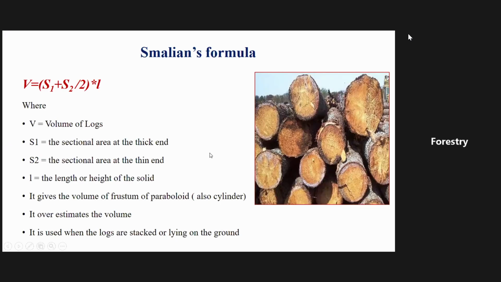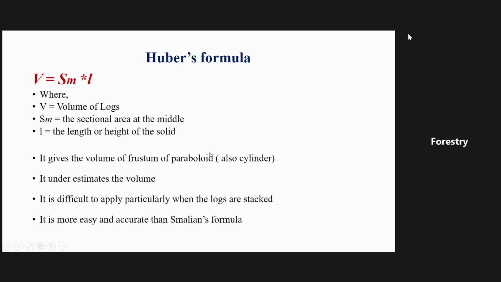Next is Huber's formula. The formula is V = Sm × L, where Sm is the middle cross-sectional area. The main advantage of this formula is that it gives the volume of a paraboloid and also a cylinder. We use the same formula for calculation of volume for a paraboloid frustum. It underestimates the volume.